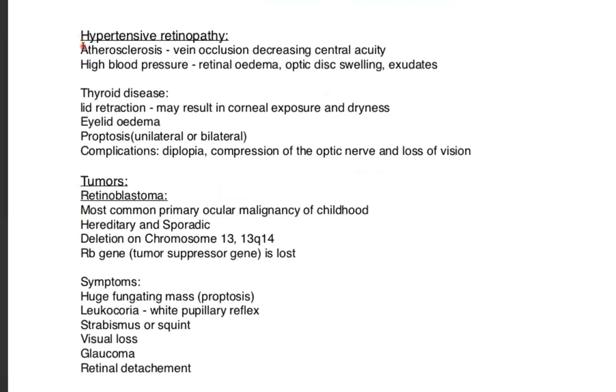It's so simple. بيكون في atherosclerosis so بيكون في vein occlusion and that decreases the central acuity so central vision بيحصل له شوية loss. بيكون في retinal edema, optic disc swelling وexudate. تمام. لكن الدوت and blot hemorrhages والnew vessel growth والحاجات التانية دي كلها cotton wool appearance والحاجات دي كلها بتيجي مع منو؟ بتيجي مع diabetic. اوكي.